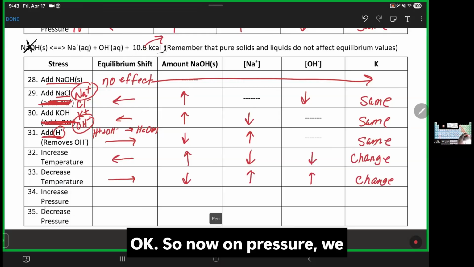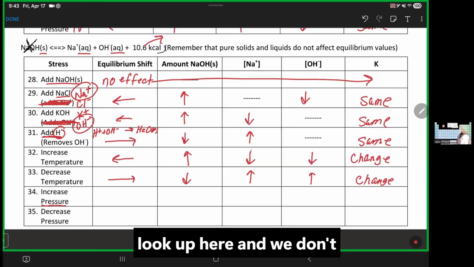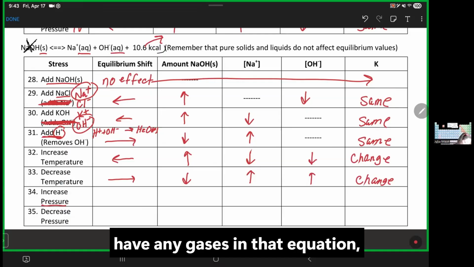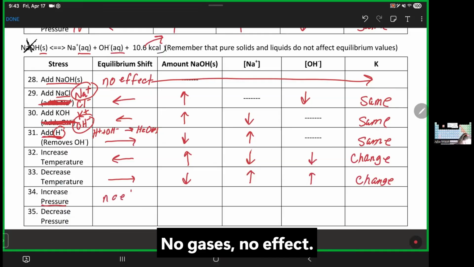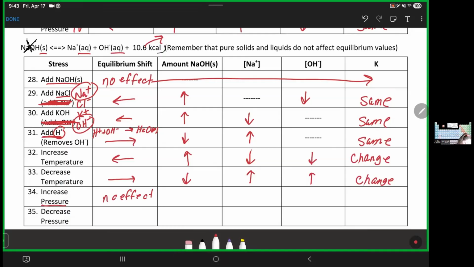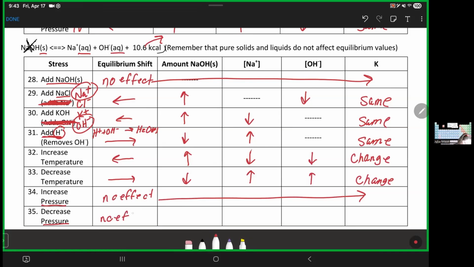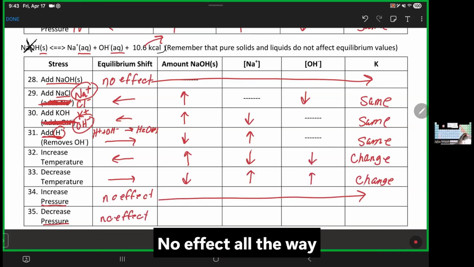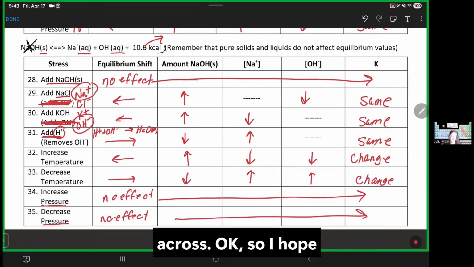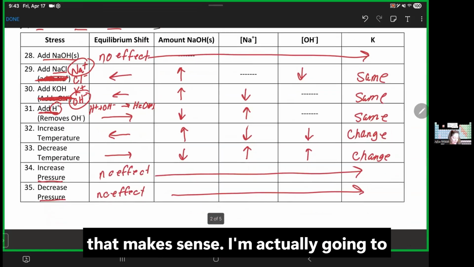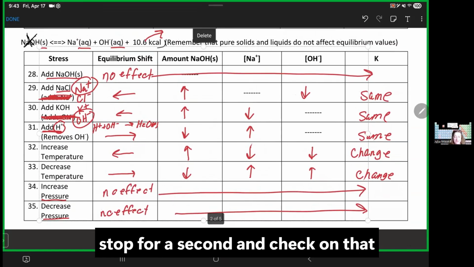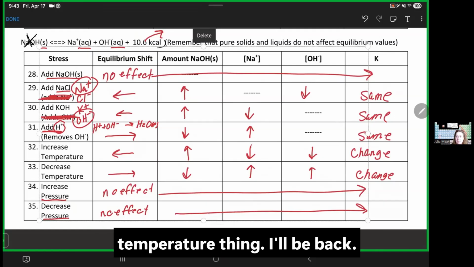Okay, so now on pressure, we look up here and we don't have any gases in that equation. No gases, no effect. All the way across. Decreased pressure, again, no gases, no effect. All the way across. So I hope that makes sense. I'm actually going to stop for a second and check on that temperature thing. I'll be back.